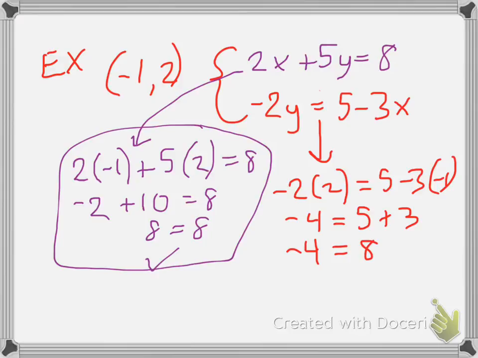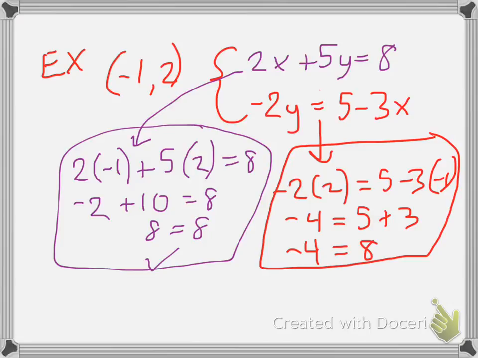If I graphed the second equation, the red one, you can see that (-1, 2) is not a point on the line because it doesn't make the equation true. It's a point somewhere on the coordinate system, but it's not sitting on the red line. So no, this is not a solution to the system of equations.